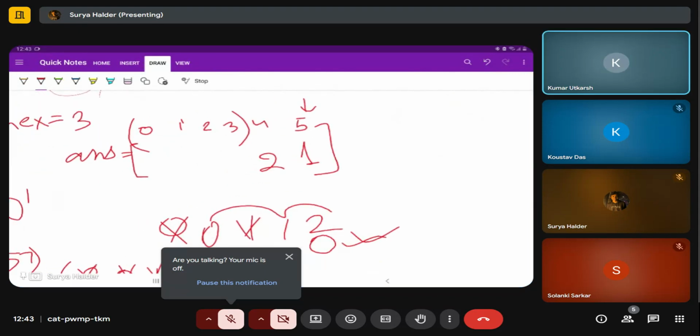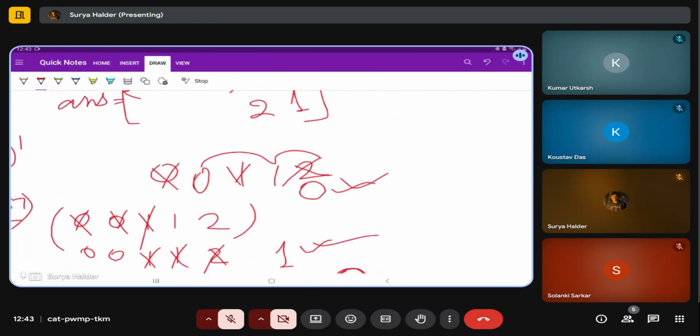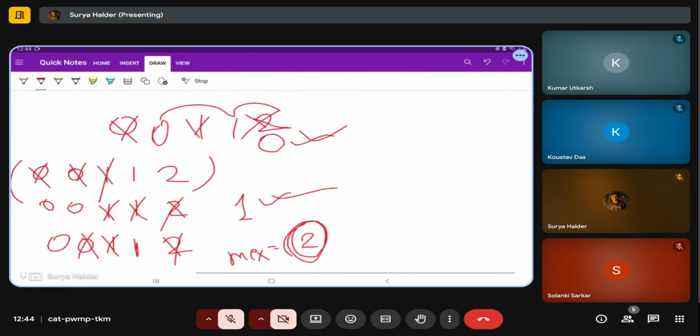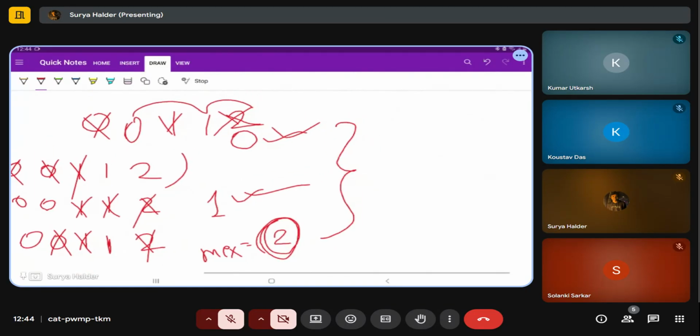Remove the 2. It will become 2 then. Oh, yes, correct. If I remove the 2, then automatically my max is becoming 2. Correct. So 0, 1, 2, I got 3.